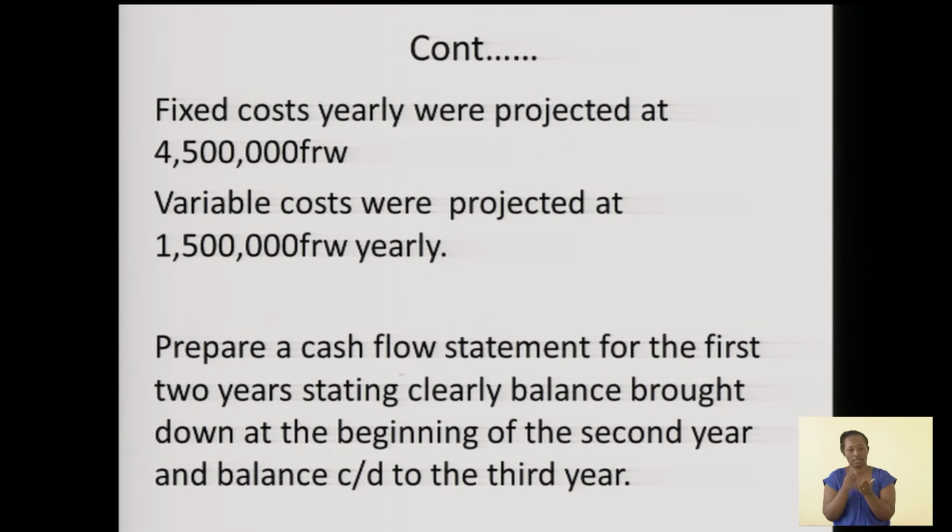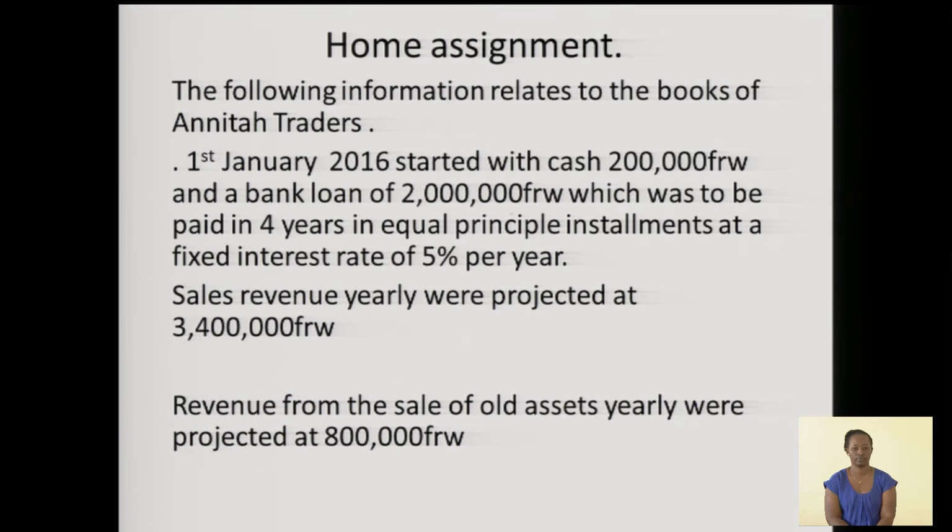So you can again check the first number of our question. I know some are slow. And make sure you analyze it. 1st January 2016 started with cash 200,000 and a bank loan.